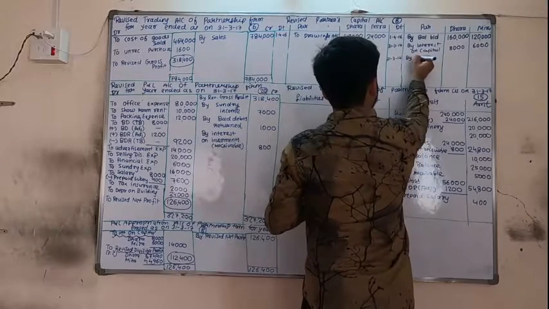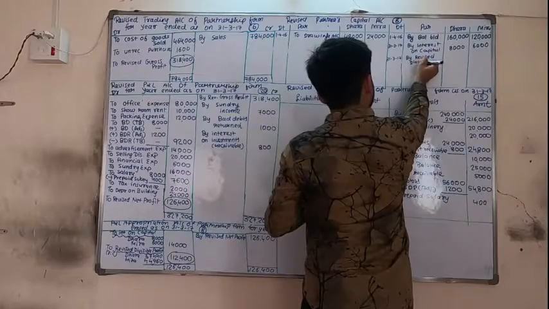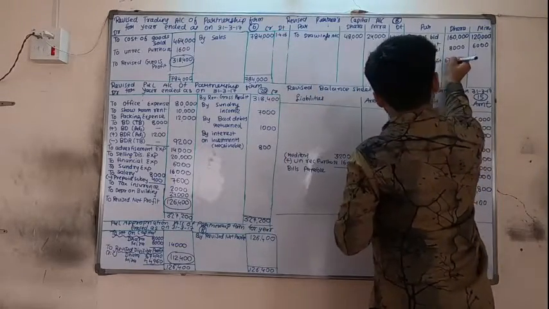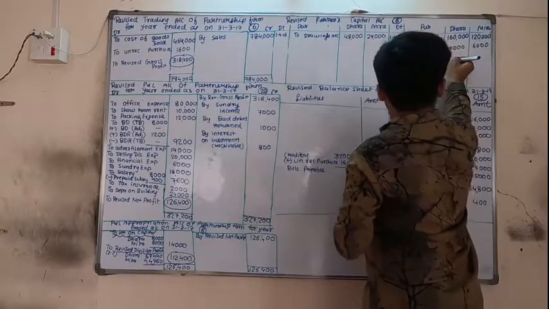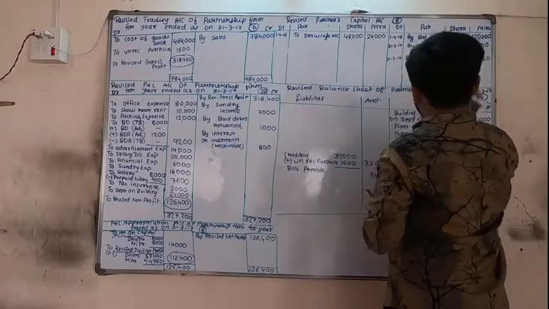By revised divisible profit 67,440 and 44,960.